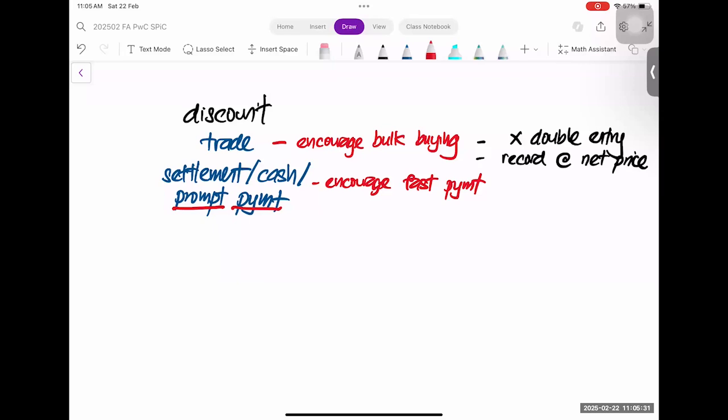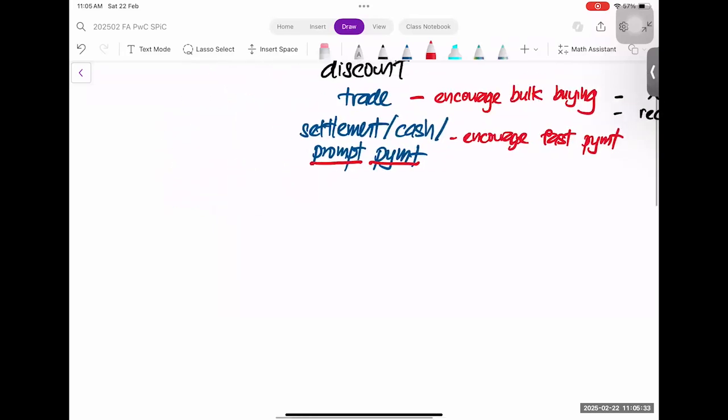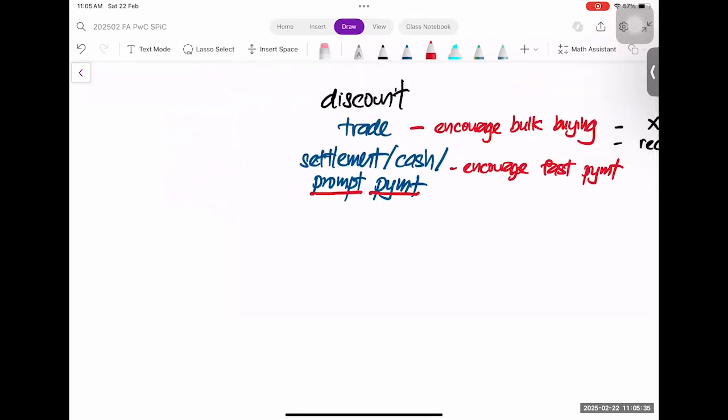All right. So if you are talking about this, there are two perspectives. Either you are receiving the discount or you are allowing the discount.